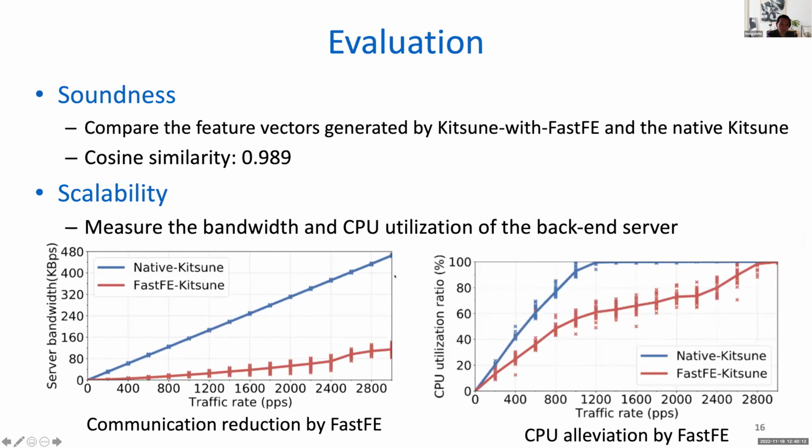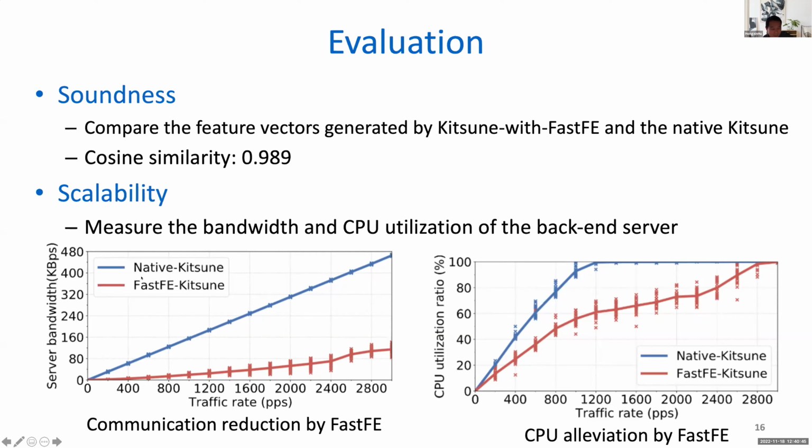This is about the evaluation results. The summary is that we compare our system with the system without FastFE. We can see the cosine similarity numbers we can achieve are very similar, so the accuracy performance is preserved. Also about scalability, which is a major goal we want to achieve, we measure the systems with Kitsune, the deep learning-based IDS.